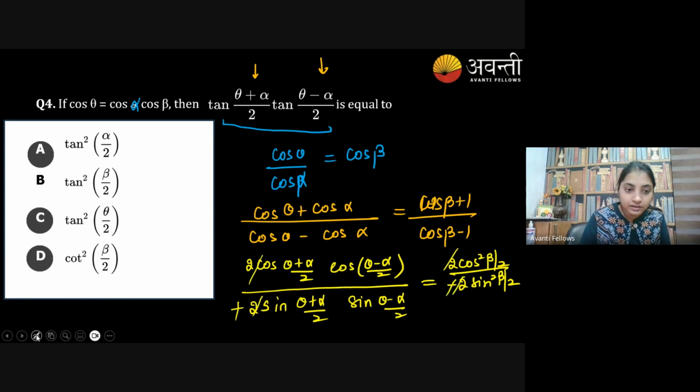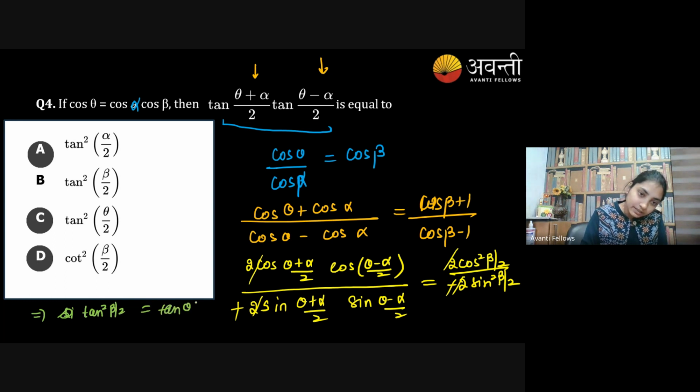If you reciprocate, it simply says tan square beta by 2 equals tan (theta plus alpha)/2 tan (theta minus alpha)/2. So the answer should be option B. Any confusion? Any doubt?